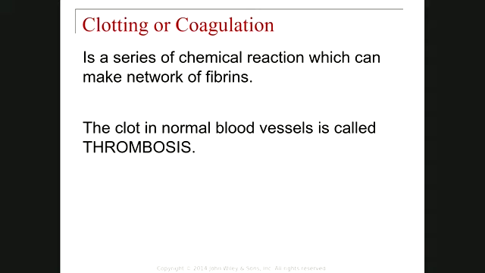And clotting or coagulation is the series of chemical reactions which can make a network of fibrin for us. A clot in normal blood vessels is called thrombosis. When our blood vessel is normal, without any injury, without any problem, and we have clot formation, we call it thrombosis, and I will talk about it later for you.